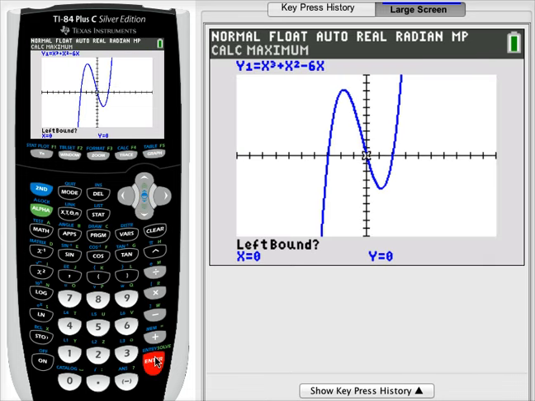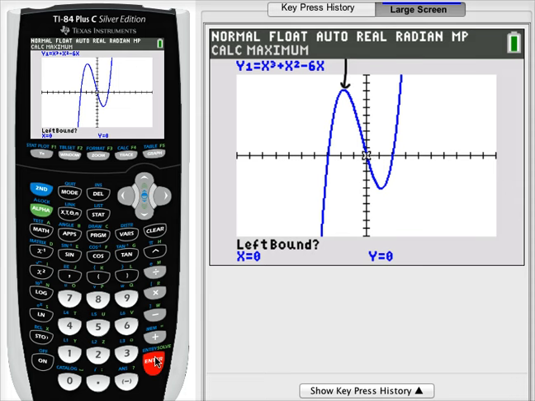Now notice that little blinking bar. It's saying, find me the left bound of what you're looking for. Well, again, I said I'm finding the max. So the max is I'm going to be finding that one right there. So I'm going to scroll to the left until I am to the left of that hill.